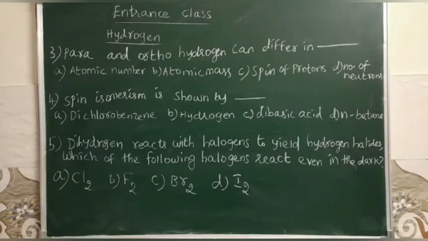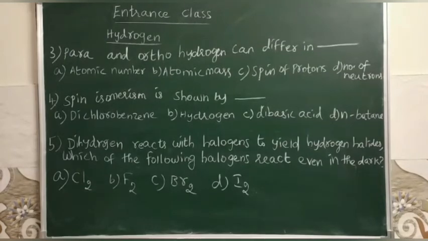Okay. Next, fourth question. Spin isomerism is shown by. The fourth question is related to the third question. First option dichlorobenzene. Second one hydrogen. Third option dibasic acid. Fourth option N-butane. You can know the answer. So spin isomerism is shown by, yes, option B, hydrogen.